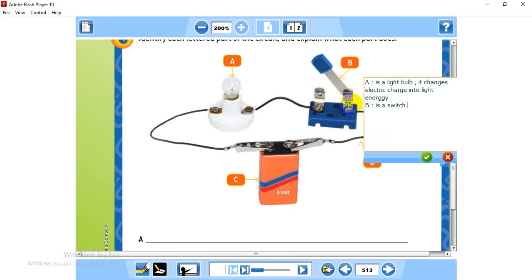See, this one is open. But anyway, it is a switch that controls the flow, the movement of the electric charge.